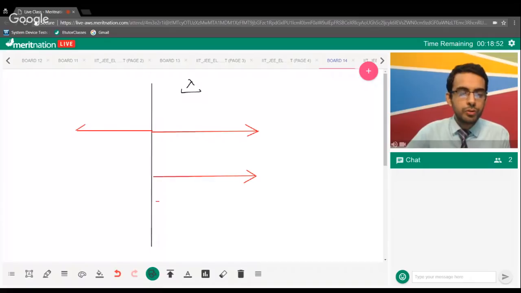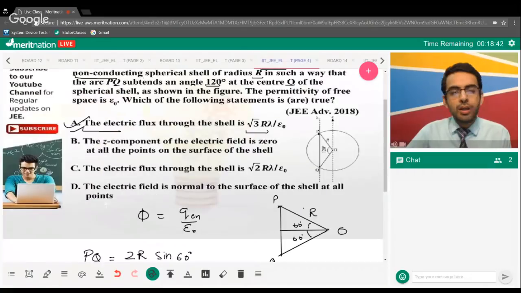So you can form a cylinder by this. So the Z component of the electric field is 0.